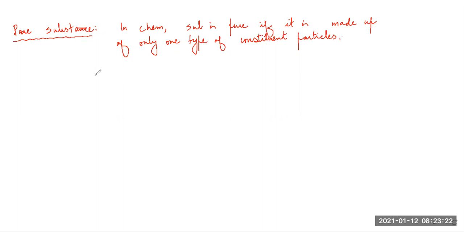What does it mean? Imagine, students, we are having iron with us, or any other element like aluminium, zinc, phosphorus. In second place, we are having water.